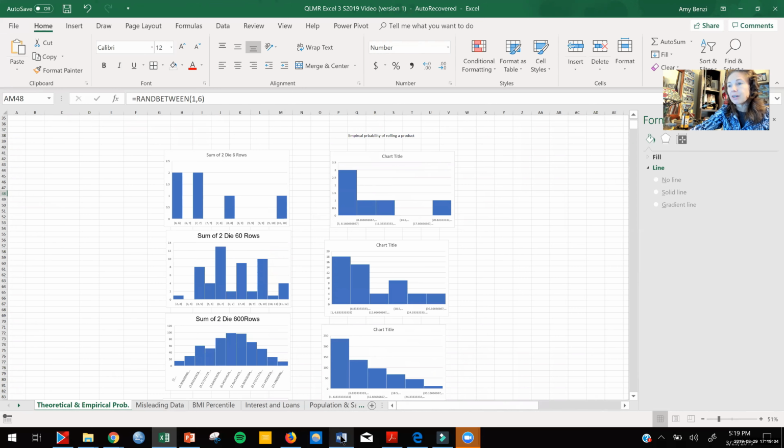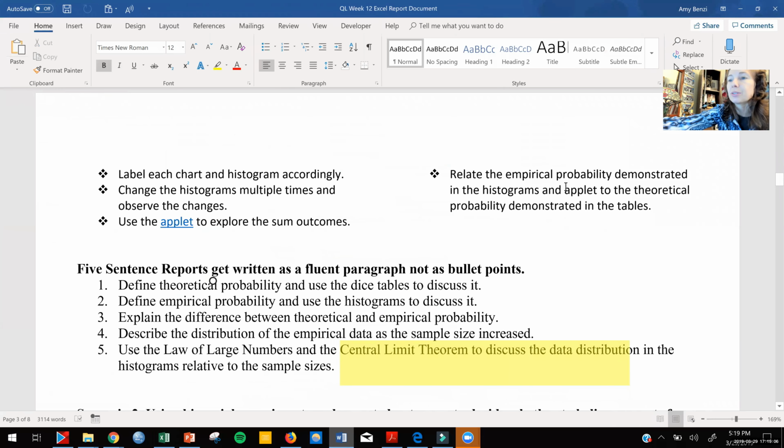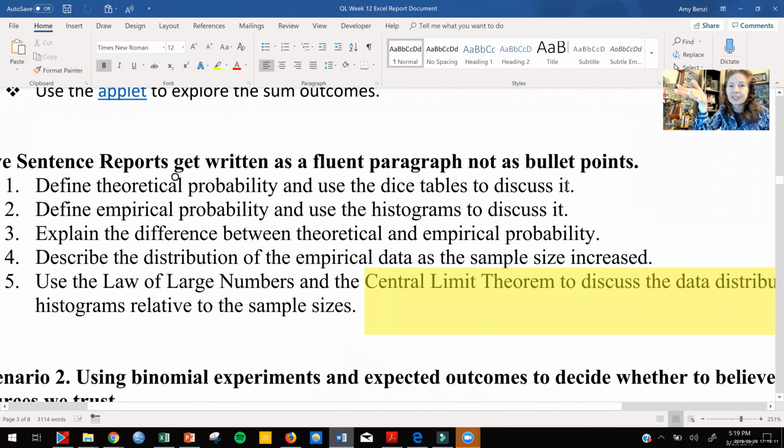All right, so now the last thing that you guys are going to do is answer your 5 sentences, and everything that we've done here talks about these 5 sentences. I highly recommend, when you're doing these Excel reports, I've noticed that a lot of you will tell me, Ms. Benzie, I finished my whole report, I just need to write my sentences. Guys, while you're watching this video and following along with Excel, have your 5 sentences ready.